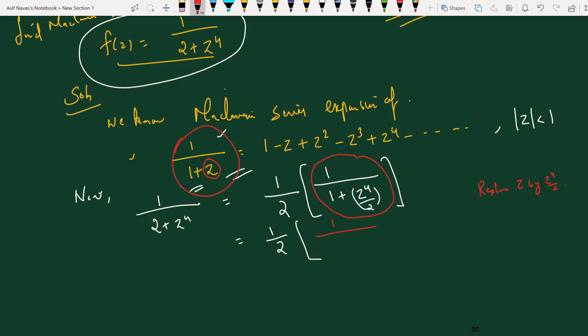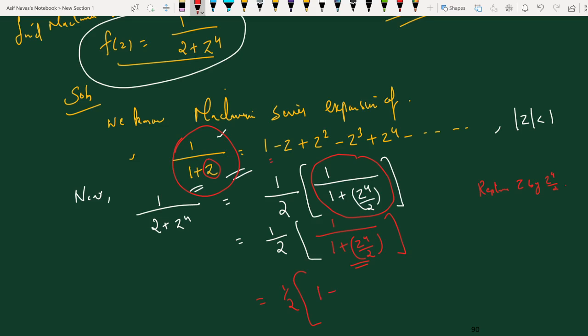So this 1 by 1 plus z raised to 4 by 2 is equal to 1 by 2 times, now we will expand by this. Instead of z, there is z raised to 4 by 2.